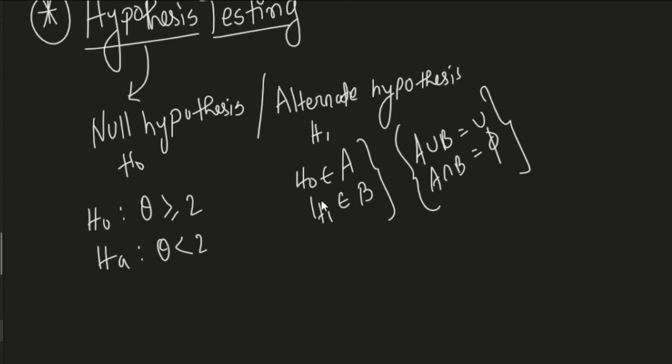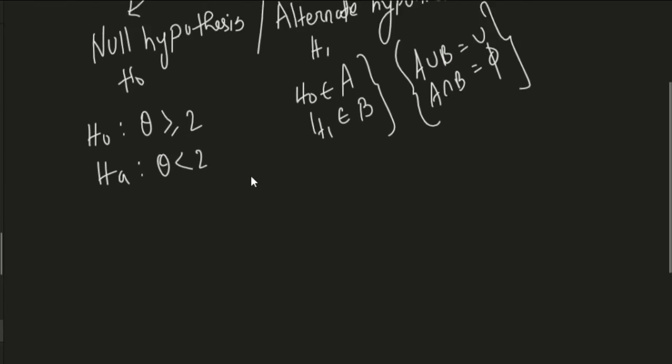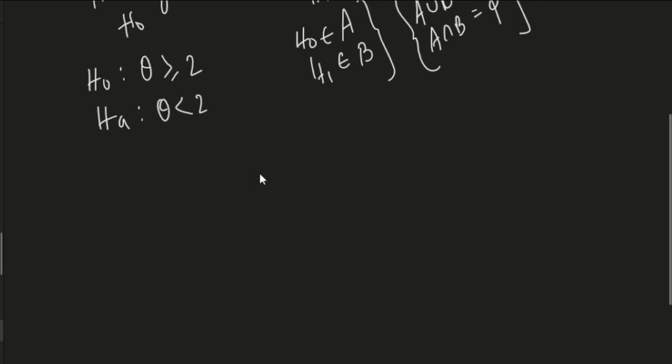Now, we can understand it from an example, and also understand the various terms involved, like type 1 error.